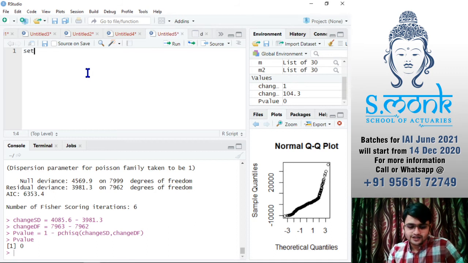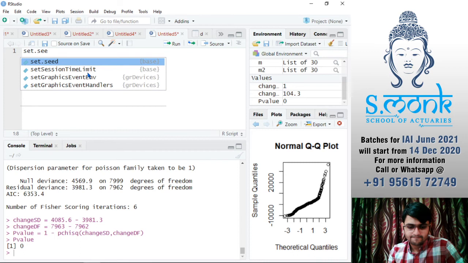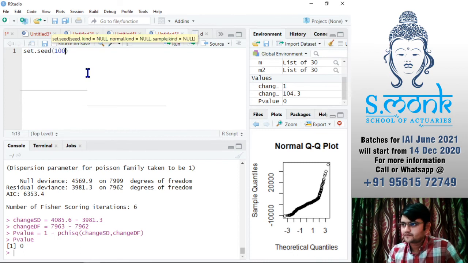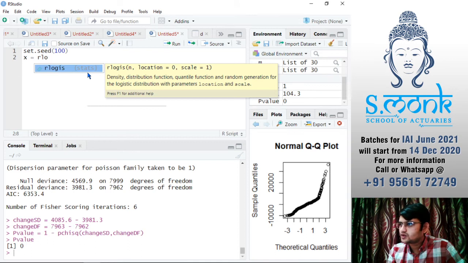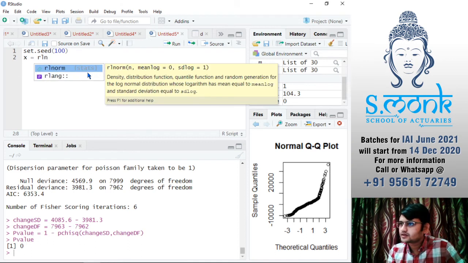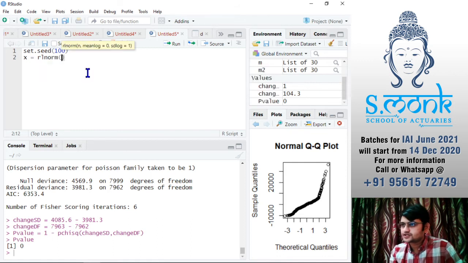So we'll say set seed as 100. Then you need a random value. So for random value, let's say x is equal to r, for log normal, I think it is L N, yes, rlnorm. The first argument is how many random values we want. So we want 10,000 random values.